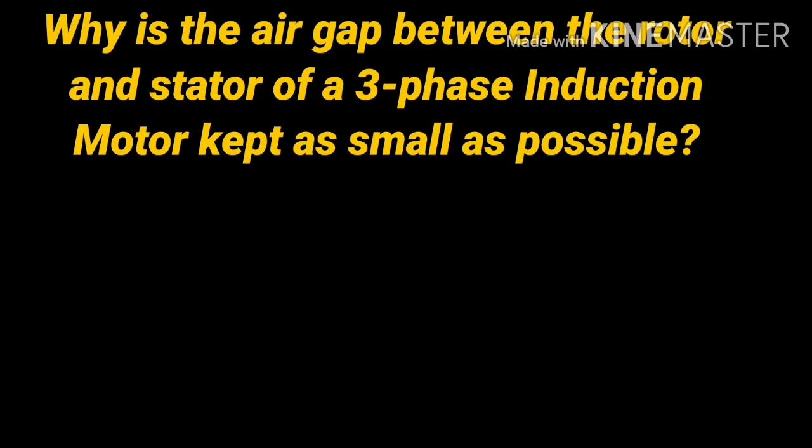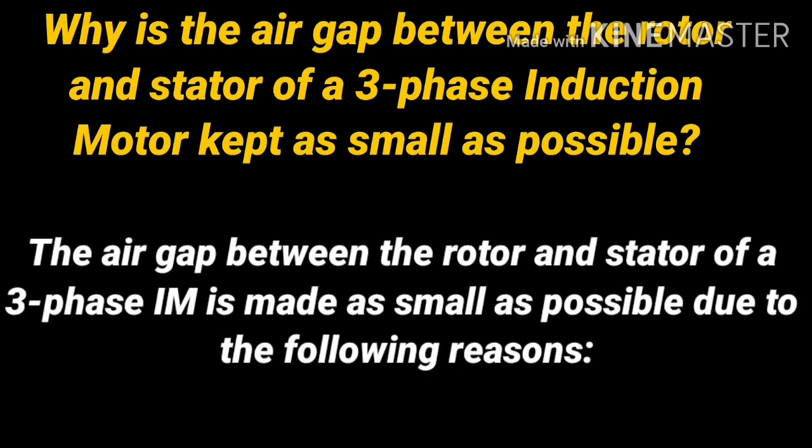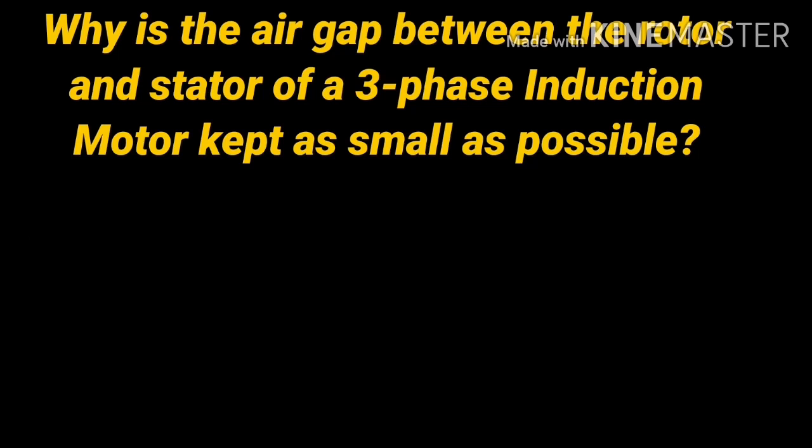Now the next question is, why is the air gap between the rotor and stator of a three-phase induction motor kept as small as possible? The air gap between the rotor and stator of a three-phase induction motor is made as small as possible due to the following reasons.